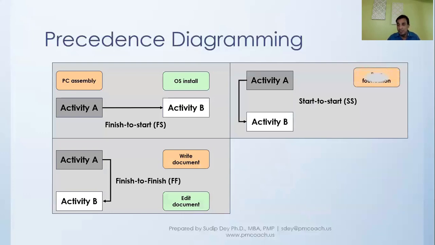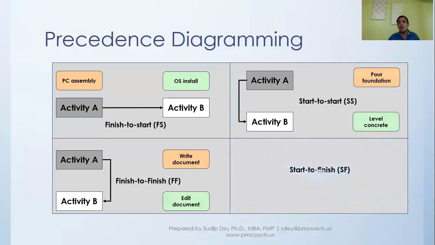If I take an example, which is pouring the foundation, after you start pouring the foundation, you can start leveling the concrete. You cannot do leveling of concrete before you have started the pouring of the foundation.